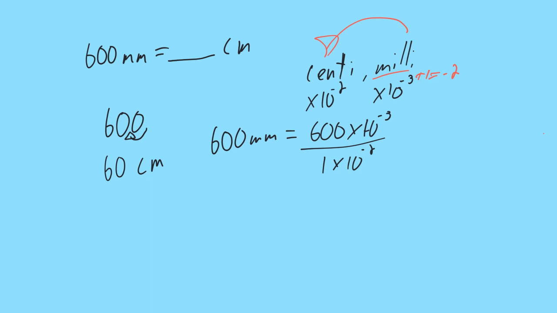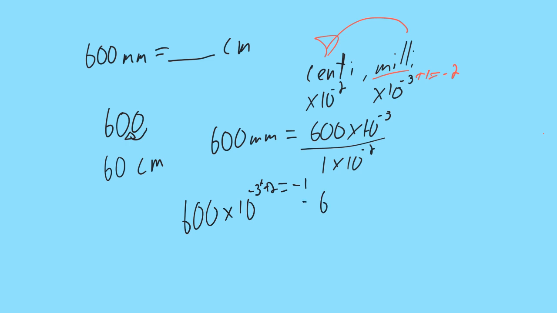So I can write that out, right? 600 doesn't change, comes down here, but I have times 10 to the negative 3 minus 2. And actually, it's a minus negative 2, right? I have to subtract it. And since the exponent is already negative, I add them together, and I end up with a negative 1.